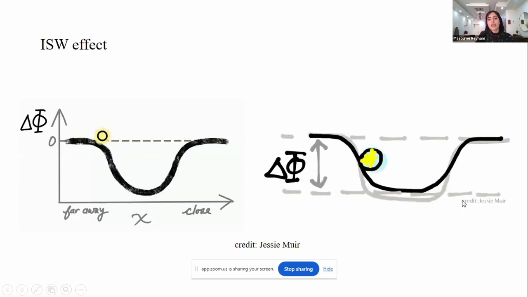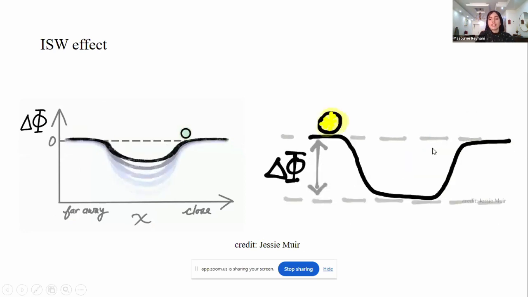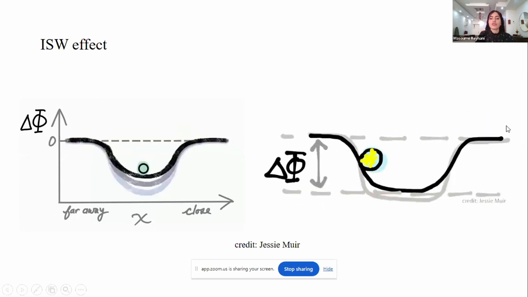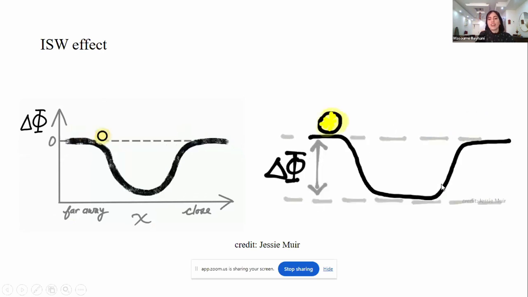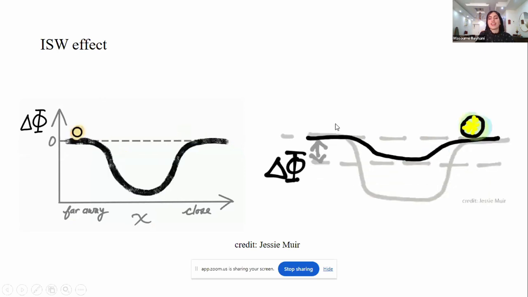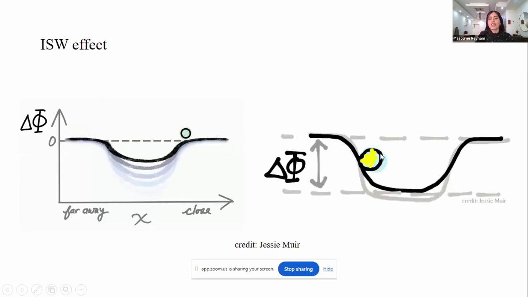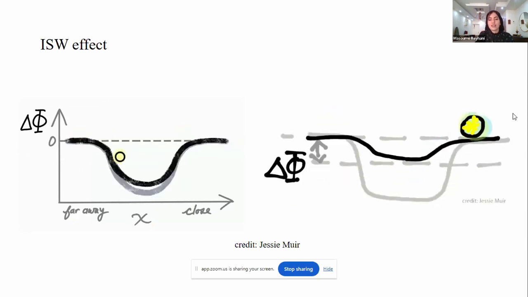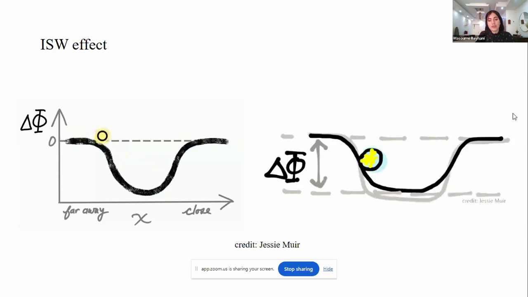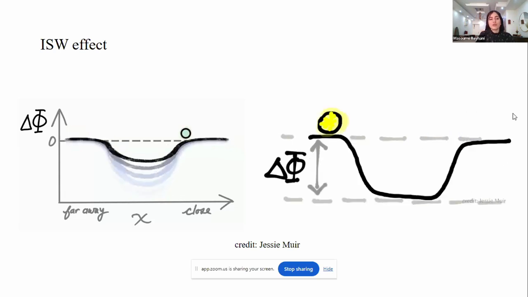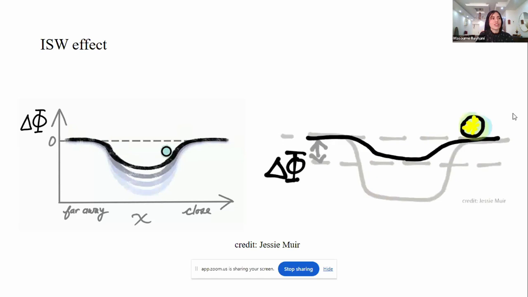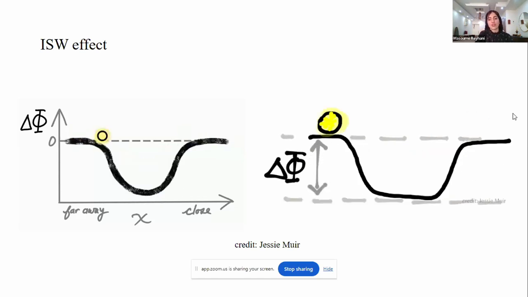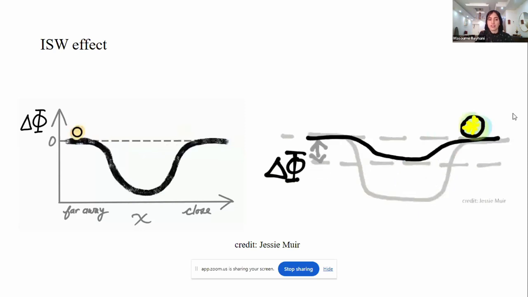But due to the expansion of the universe, the depth of these potential wells decreases, so the original wavelengths of these photons are not the same as the final wavelengths. So it can be a good tool to study the potential wells that are on the way of photons coming from the last scattering surface to us.